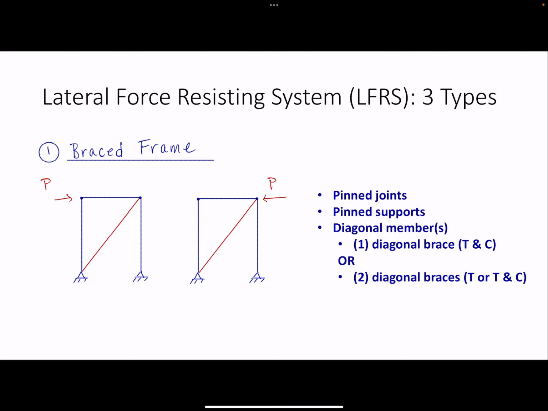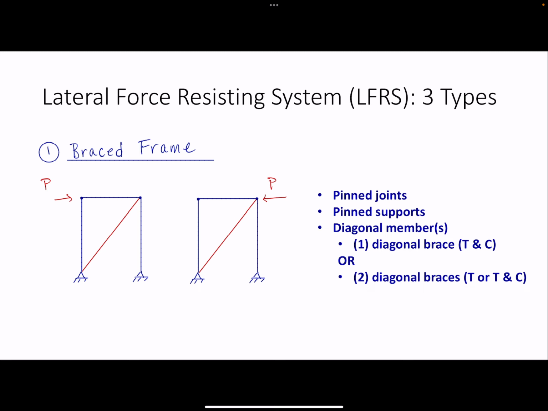If you just have one diagonal member, we call that a brace a lot, then that diagonal has to be able to resist both tension and compression. Because if you reverse the direction of the force, it's going to change whether it's in tension or compression, right? So if I push on the frame this way, is this diagonal going to be tension or compression?